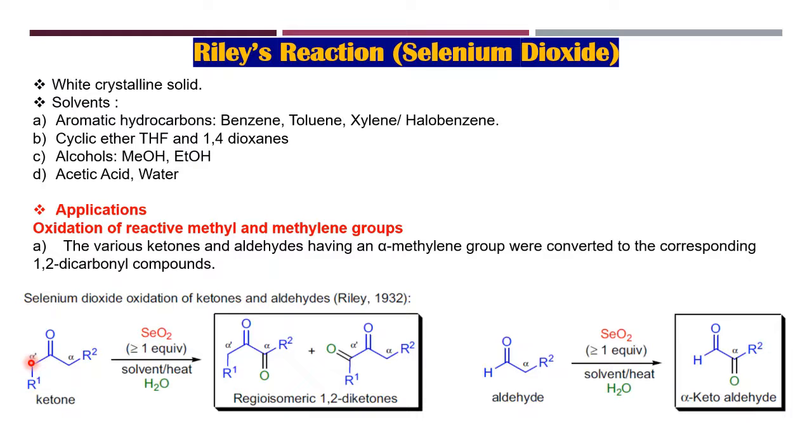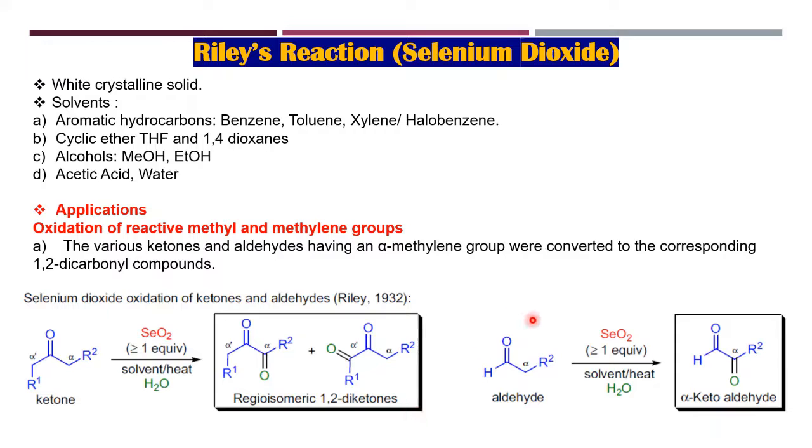Since the R groups are different, when the C=O is formed here, our product is this one, and when the C=O is formed here, our product is that one. So for this type of asymmetrical ketone, we get two types of regioisomeric 1,2-diketones.